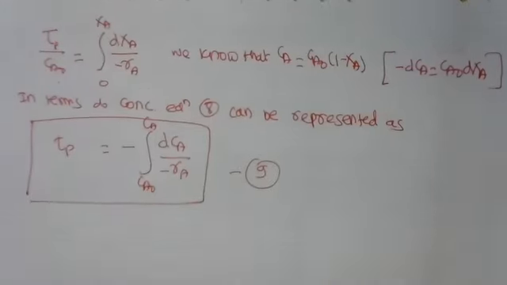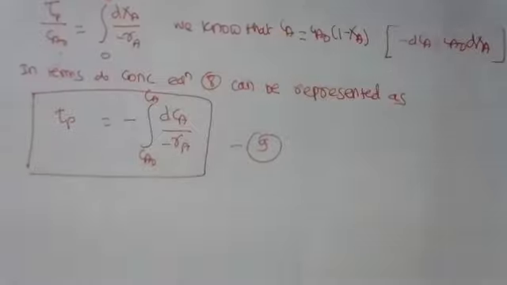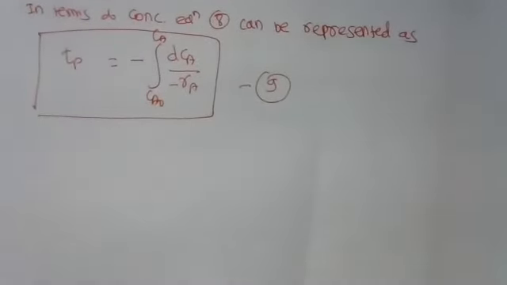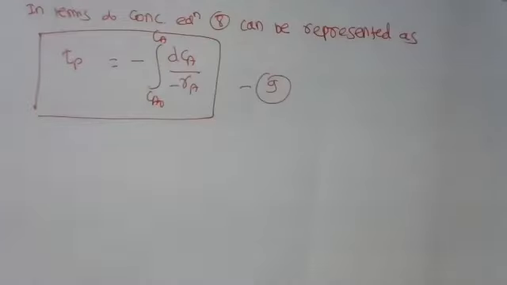Now let us see how. I'll be drawing two graphs. First graph will be when the data of conversion and rate of reaction is known, and another graph will be when the data of rate and concentration is known.